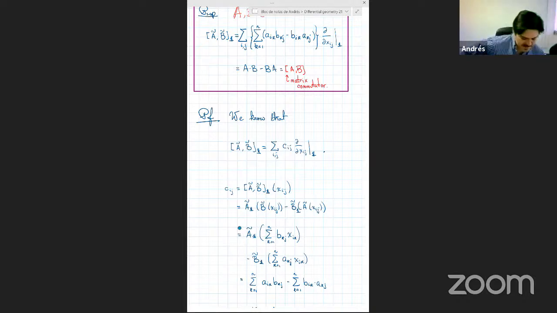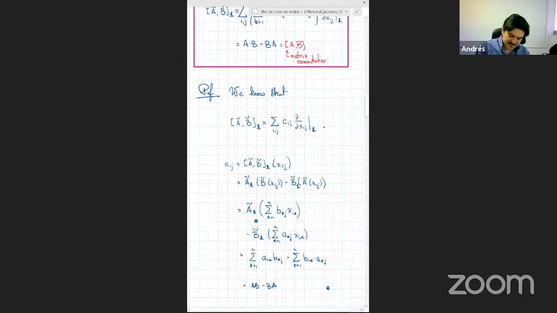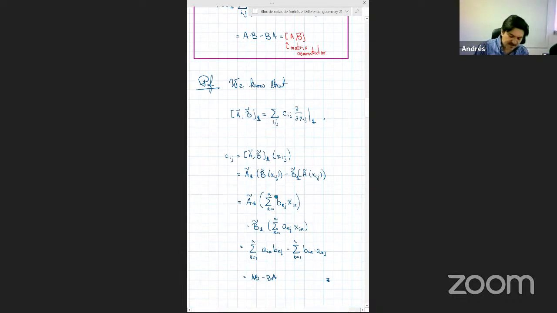Okay. Now, again, we will use the same formula. I have this vector field applied to the sum of these functions, right? The vector field is linear, so the vector field only applies to this product.